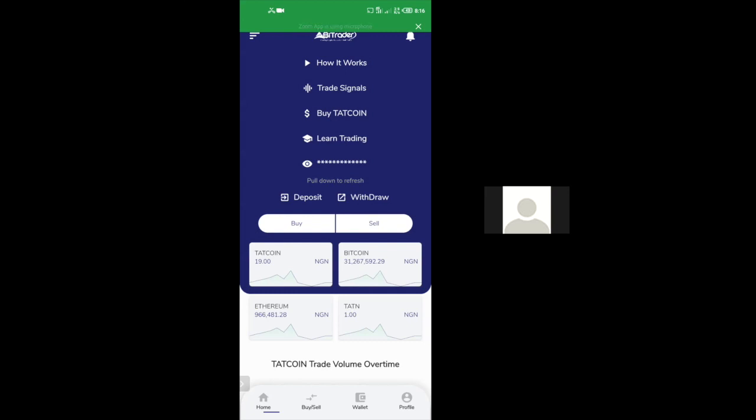Now, first of all, let's talk about peer-to-peer. Peer-to-peer is a common traditional way of doing business. It is buying from one person and then selling from another person.